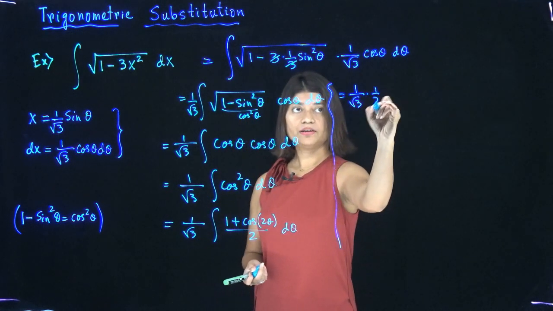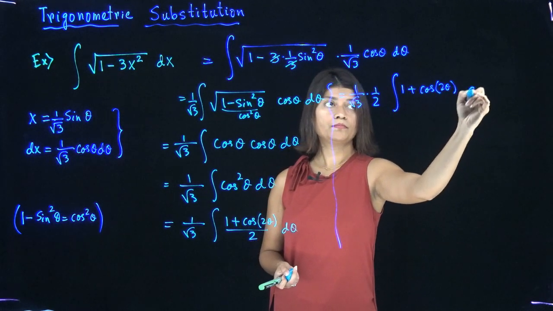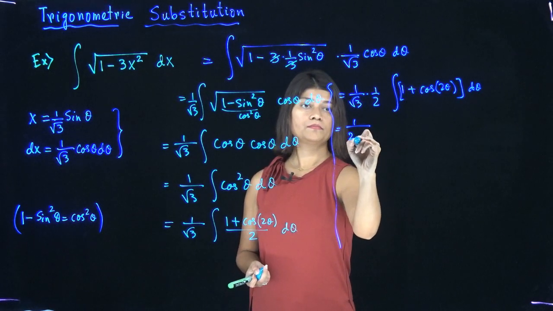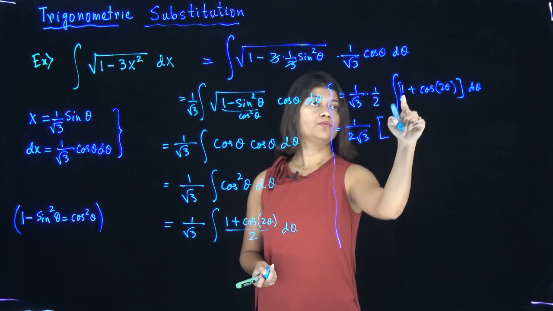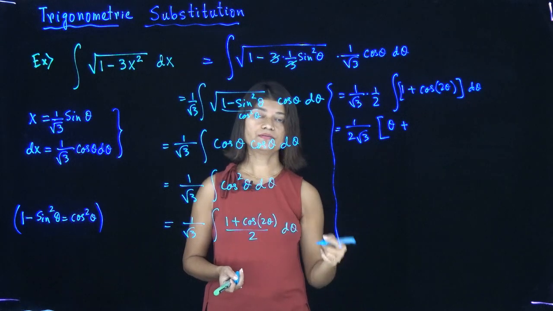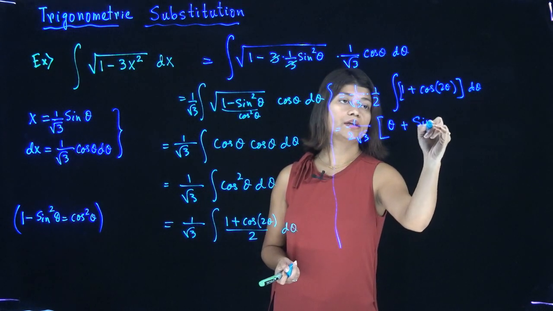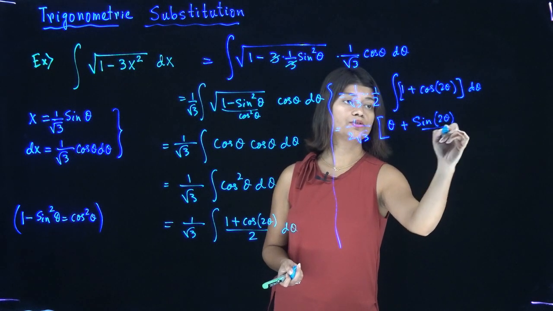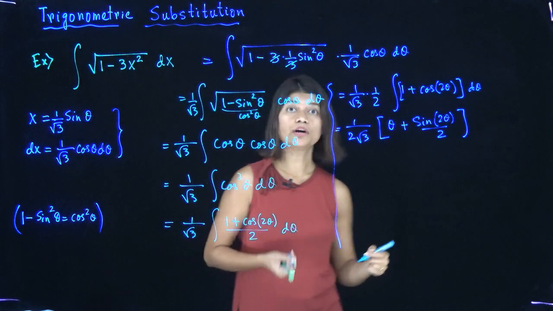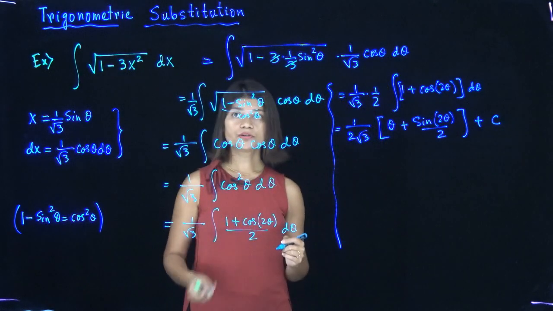Another 1/2 comes out, and you have 1 plus cosine of 2 theta. Now we can integrate this. 1 becomes theta, plus the antiderivative of cosine of 2 theta is positive sine 2 theta over 2. Don't forget the little anti-chain rule that we are doing without doing the u substitution. Okay, so far so good.